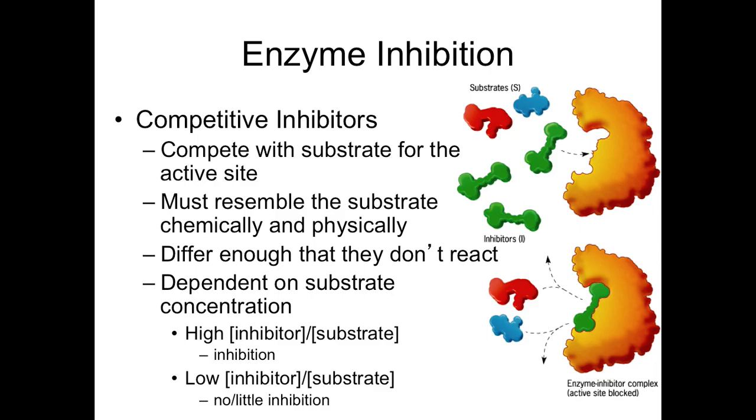And so I want you to draw those reaction graphs and describe, for each graph, for competitive inhibition and non-competitive inhibition, why Vmax is reached when it's reached.